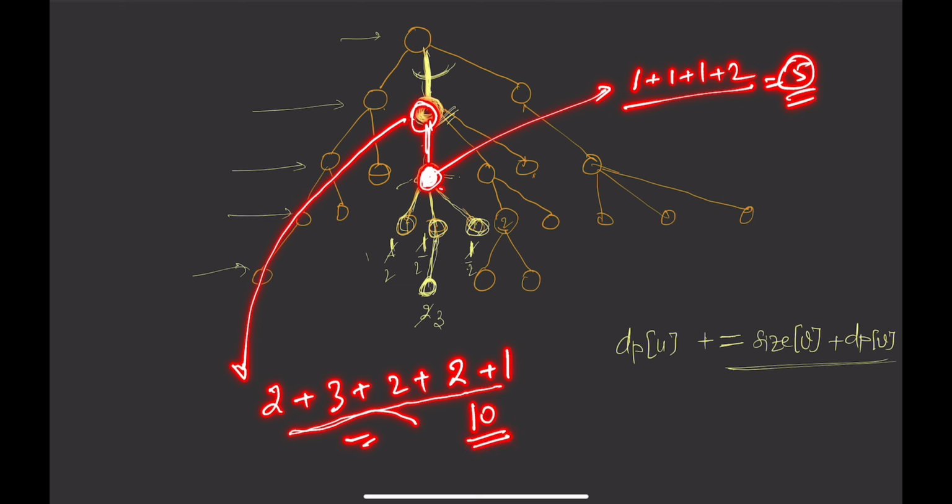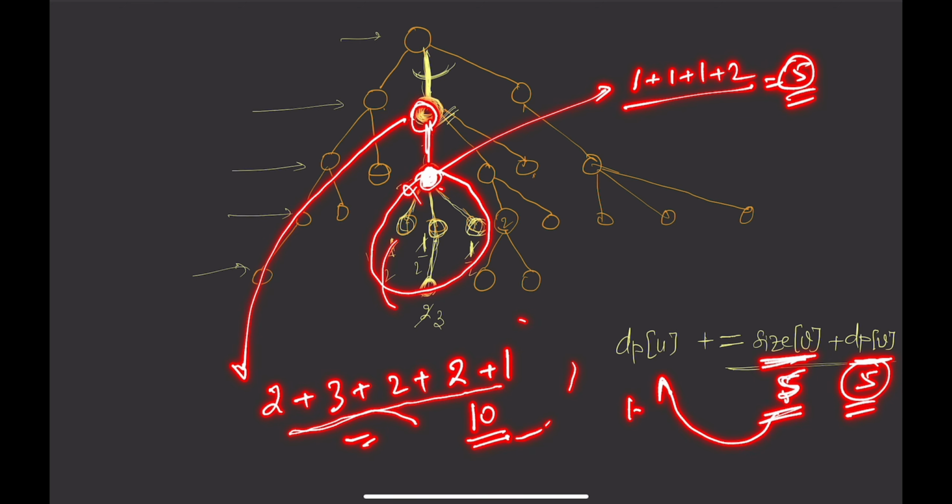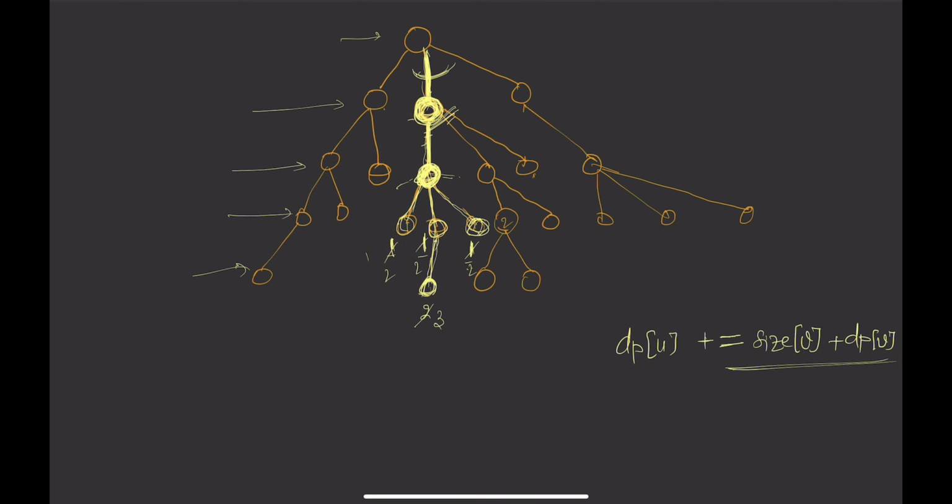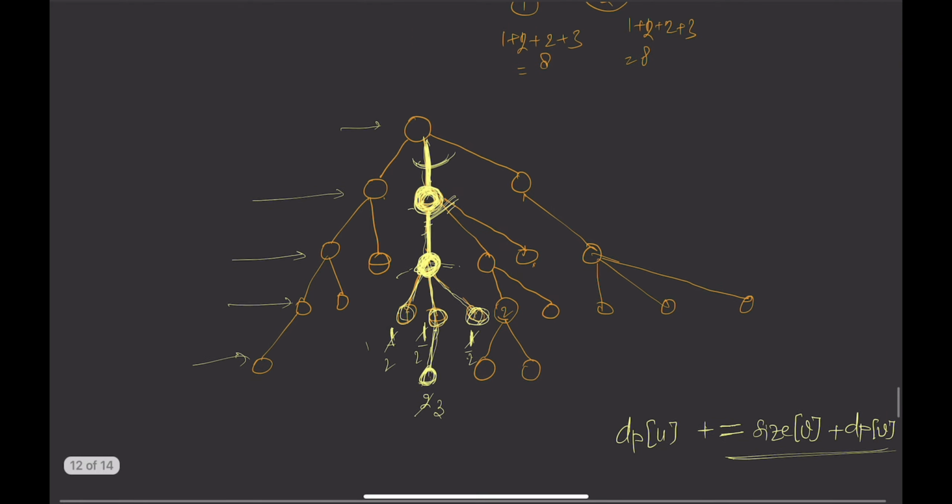Can we say it was 5 and it had a size of 5? That's why it incremented by 5. So this was already 5 and the size was 5, so it became 10, right? Yeah, I think we can write this. I got the formula for dp of u, but how to calculate it for the parent?